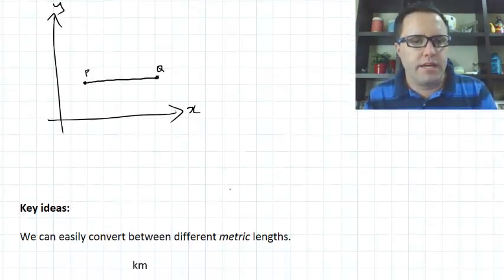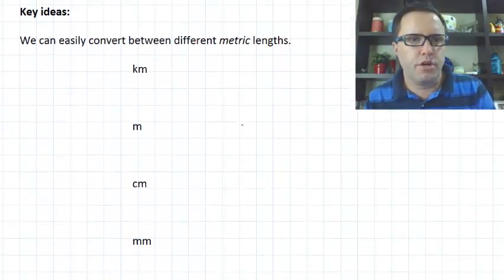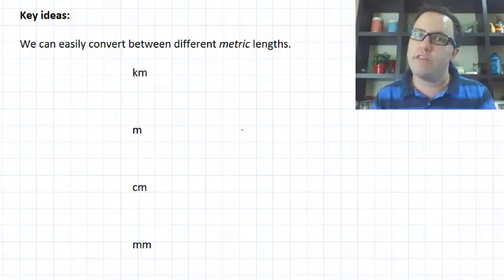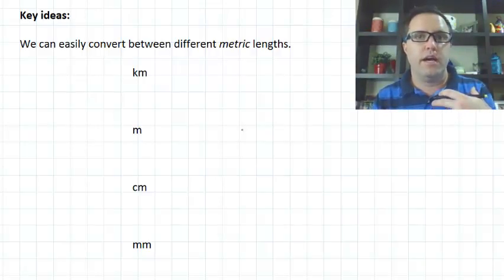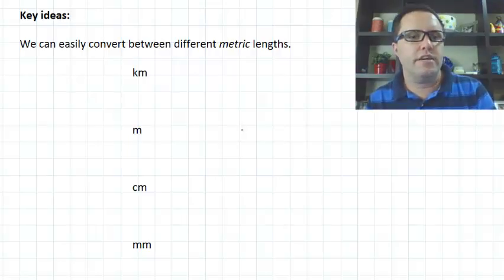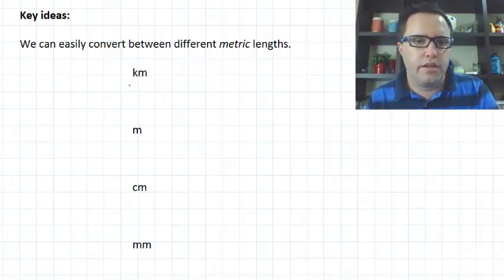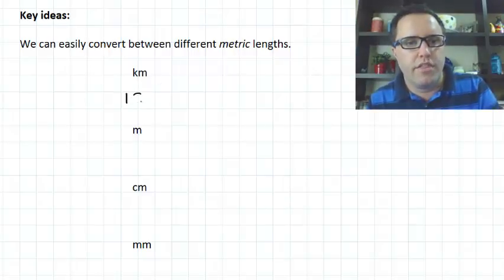All right, a couple of key ideas for this one. We can easily convert between different metric lengths. Remember we use the metric system, which is based on meters for lengths. So meters is the basic measurement. Between kilometers and meters there are 1,000.